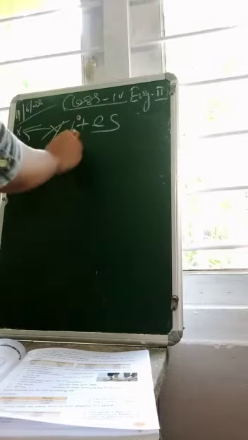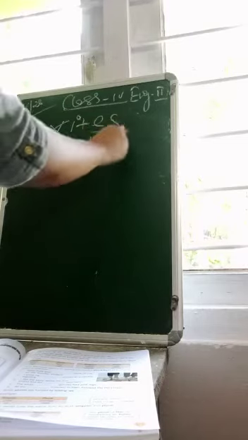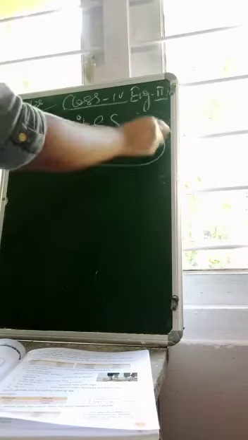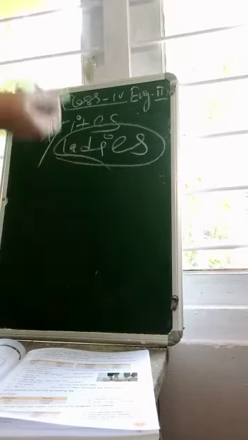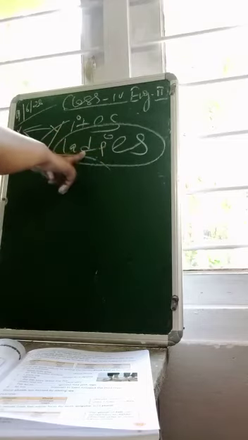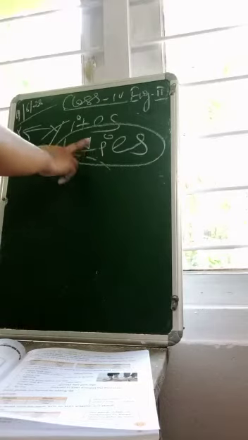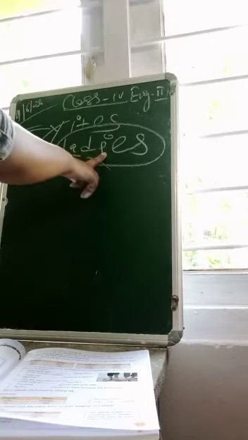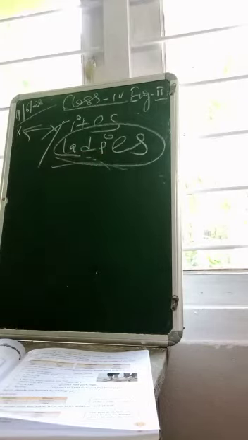For example, ladies. Ladies is plural. The singular is lady, L-A-D-Y, but because before y we don't have any vowel, we have only d, the y becomes i. So this is ladies.